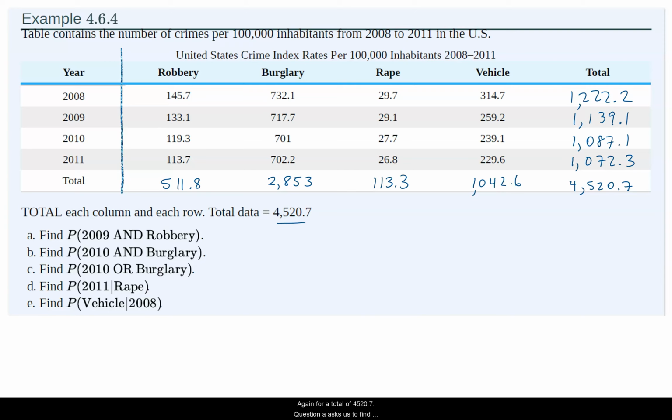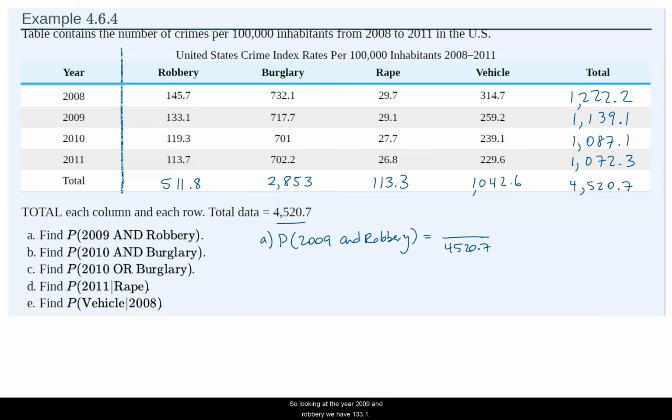Question A asks us to find the probability of the year 2009 and robbery. So to find 2009 and robbery, we know the total 4,520.7. Let's go ahead and write that total in. We need to determine how many are in 2009 and robbery.